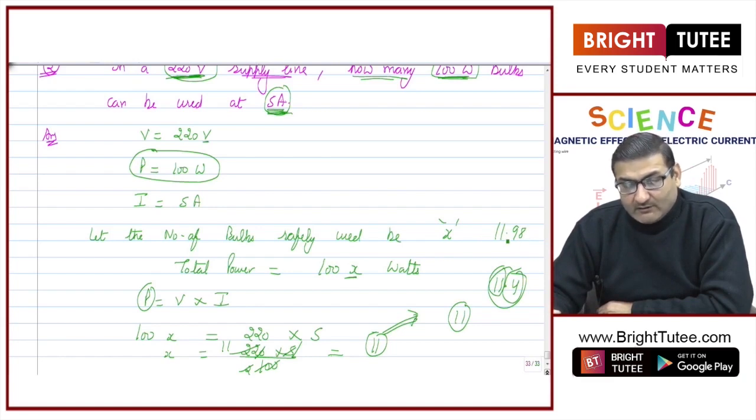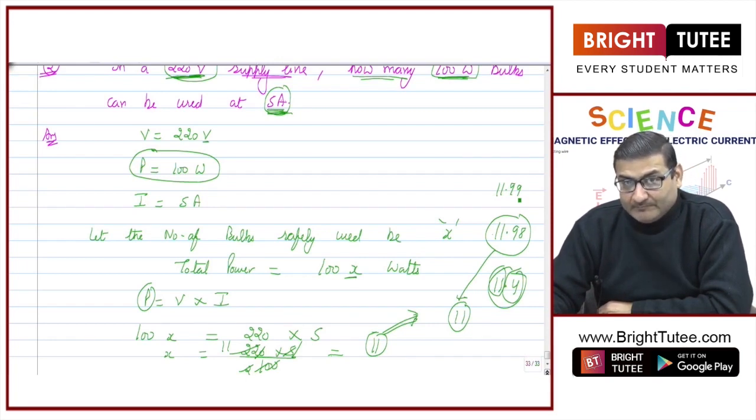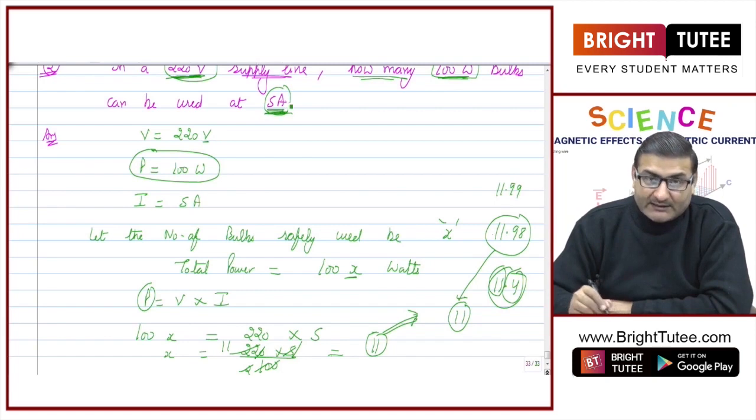Why? Because we cannot round it up. As per this calculation, if our answer is 11.98, in that case also I'll write that 11 bulbs can be used, because the moment it becomes 11.99, the current requirement will go above 5 ampere and the fuse will blow off.